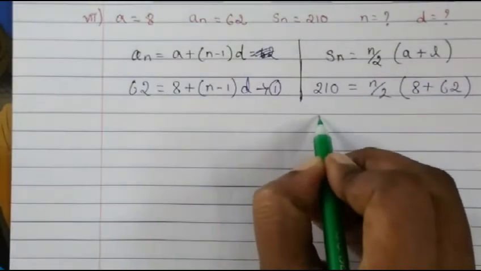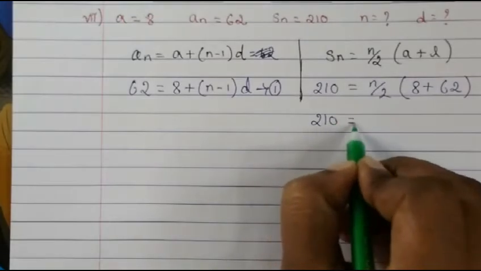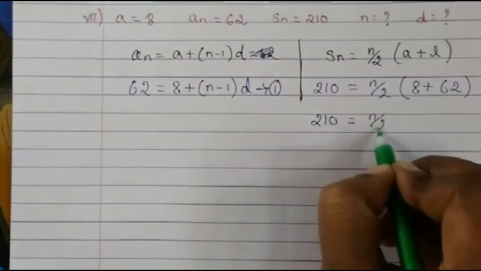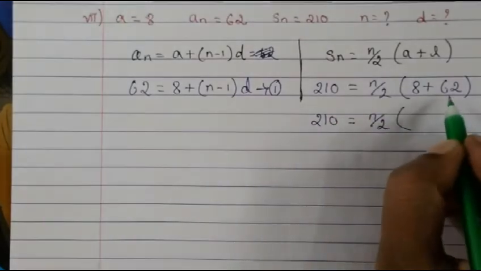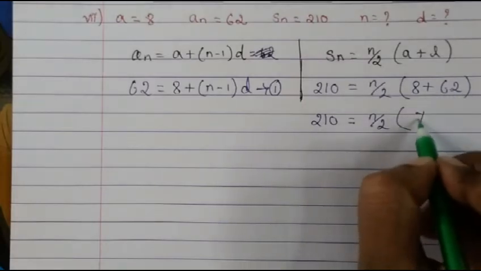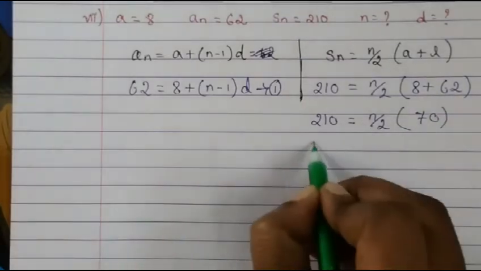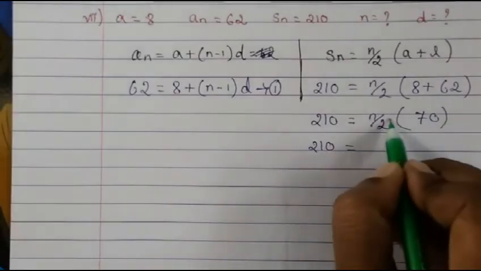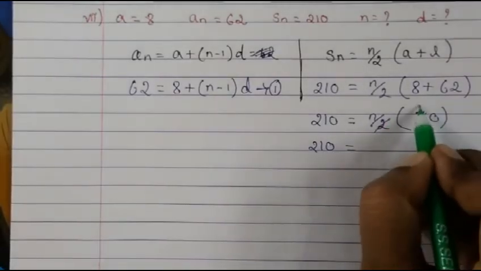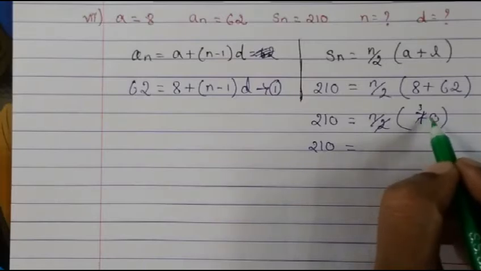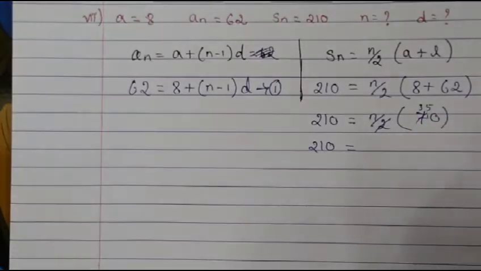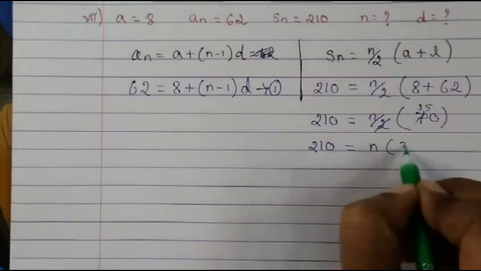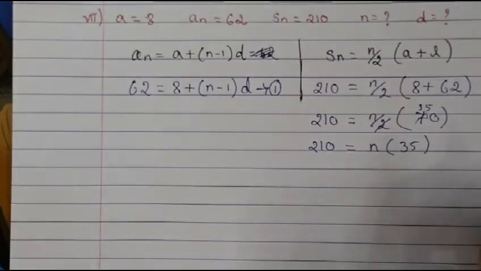So then 210 equal to n upon 2, 8 plus 62 will give us 70. So 210 equal to n upon 2 times 70, with 2 we can cancel, 35 times n.